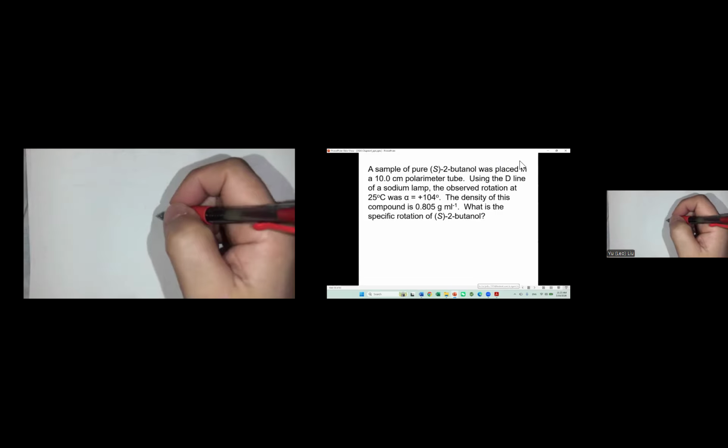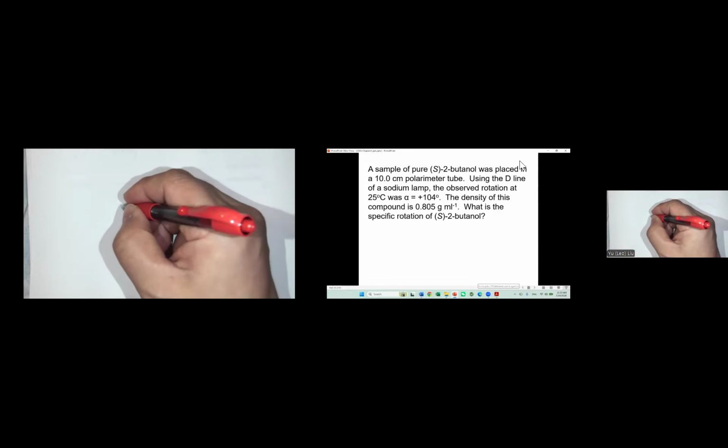So here, you first need to know which formula to use. Here it's a pure liquid, so we need to use the pure liquid formula. Specific rotation equals alpha divided by density times length of cell. Next we plug all the information into this formula.